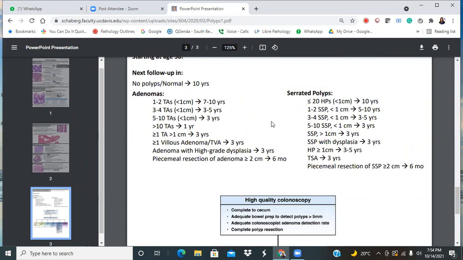But in my practice, one of my seniors told me, if you see 3 polyps, then write 3 polyps, because it's going to change their management. So that's what I have started doing. If I see 3 polyps of tubular adenoma, I would write 3 fragments of tubular adenoma. I don't know how you handle it, but that's what I have started doing.